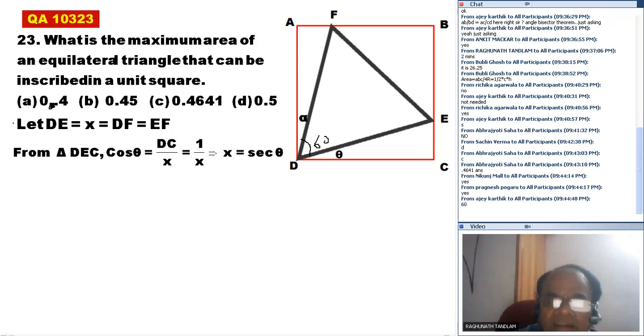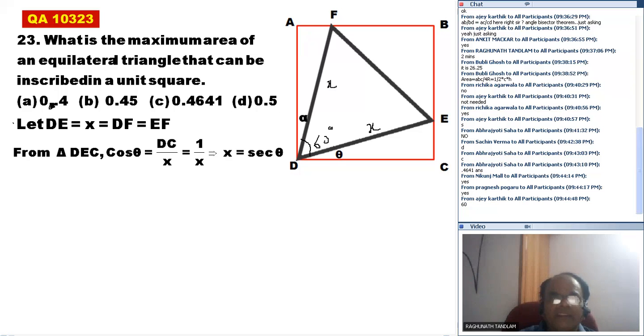Now from triangle DEC, if I call the side x, what is cos theta from triangle DEC? BC by X. Therefore, X becomes secant theta.